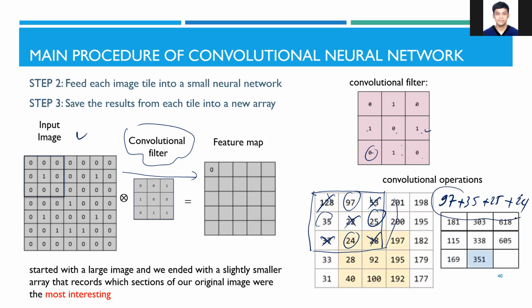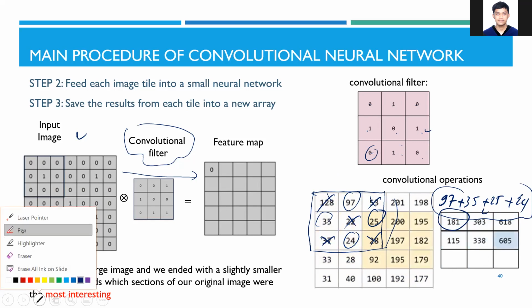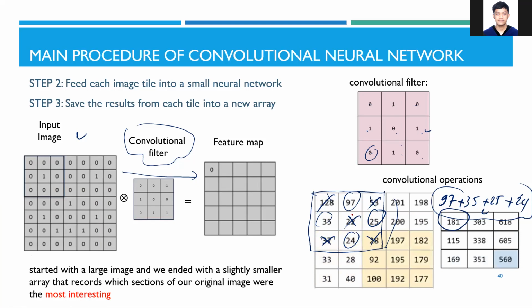So the summation of this is this value. Okay, and to get this, we use another overlapping part, another 3 by 3, like this, using dot product mathematically. Okay, so this is what happens in the convolution layer.